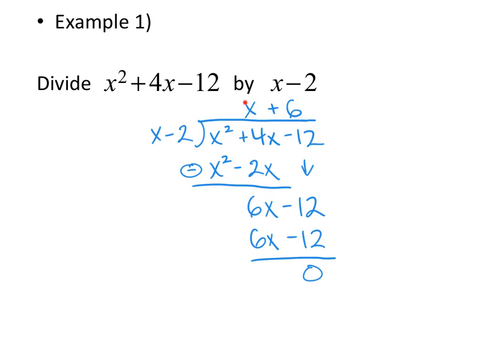What that means is that this is another factor of our dividend, our original. And as I reminded you with the previous example, this factor times this factor would give us our original dividend. In other words, x minus 2 times the quantity x plus 6 equals this.